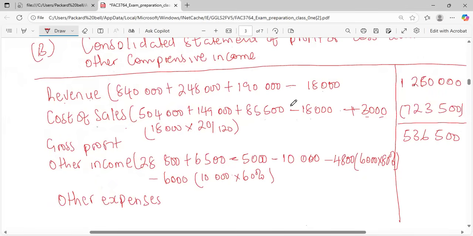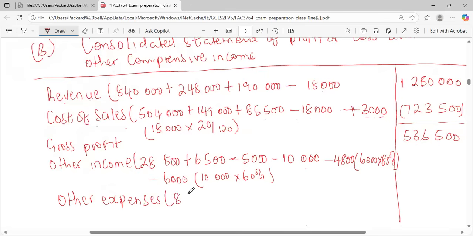Even when you are in the exam, if you understand what is happening the moment you are reading that scenario, you know how to treat these transactions. You know where they go and how to treat them. That's why I always say FAC needs more understanding than memorizing, because if you memorize, it becomes a problem to apply it. Right, so let's look at other expenses.